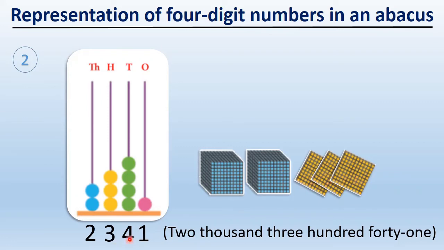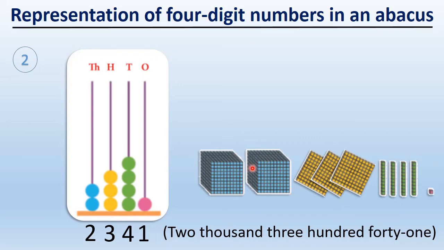Then we have 4 at tens place, which represents the number 40. Place value of 4 here is 40. So we need 4 lines of beads. 1, 2, 3, 4. So these 4 lines of beads represent 40, and we have 1 in ones place. We need a single bead also. So now all these beads together represent the number 2341.